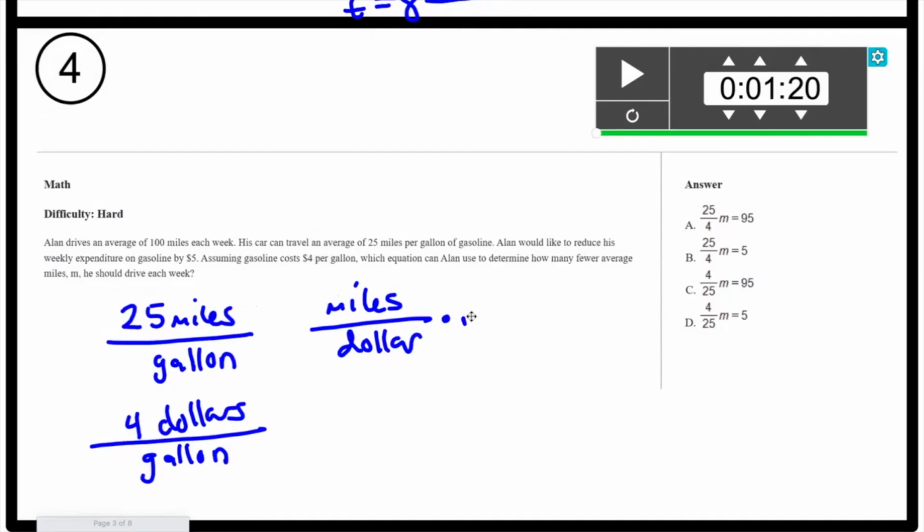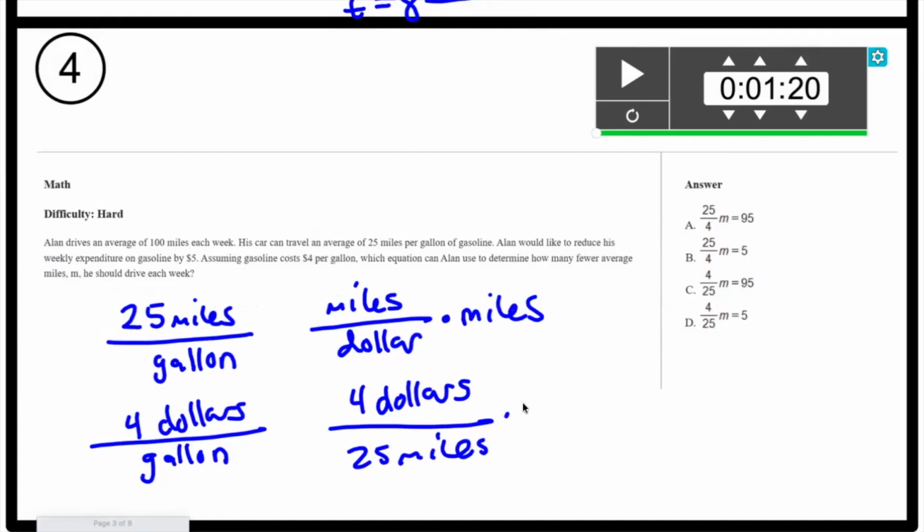So then we would multiply that by miles, and it wouldn't make sense. The miles wouldn't cancel out. Oh, okay. So it has to be $4 for 25 miles, because then when you multiply by miles, the miles cancel. So that's where I got rid of these two.